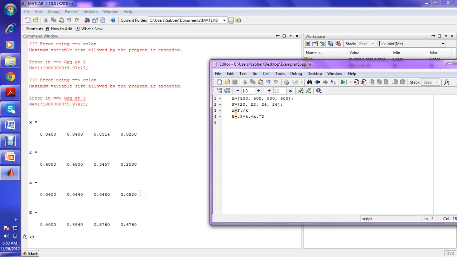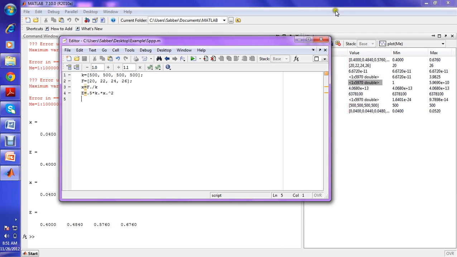The displacement occurred mostly with the largest force. The more the force, the more the displacement, and the more the energy stored in the spring. So this is how we can analyze this.